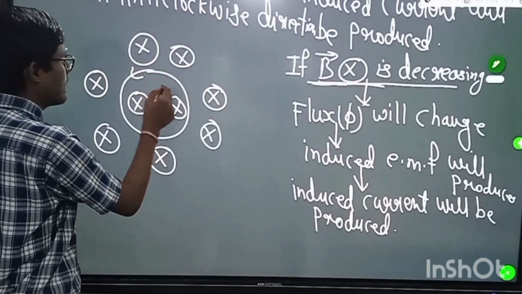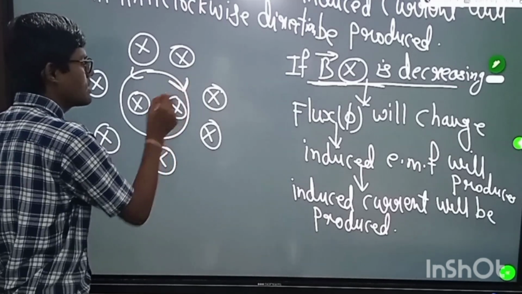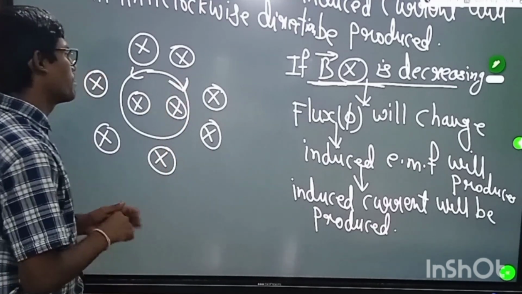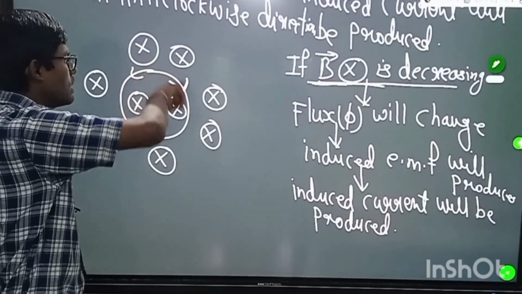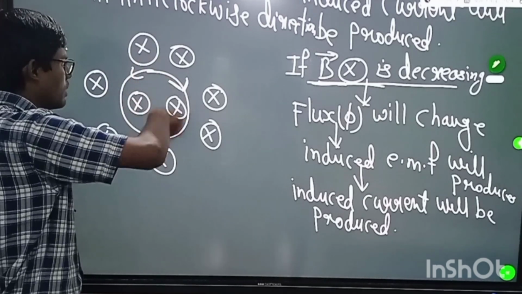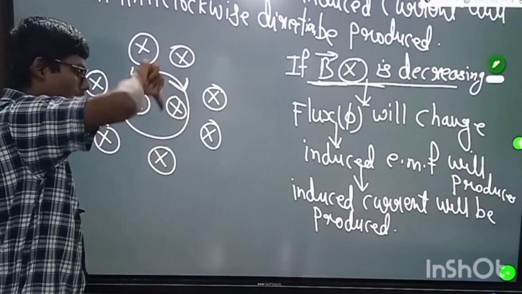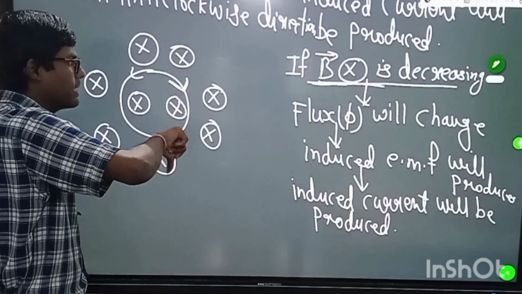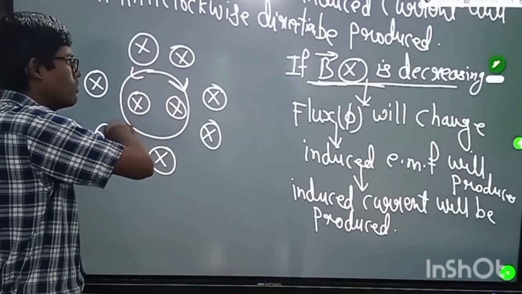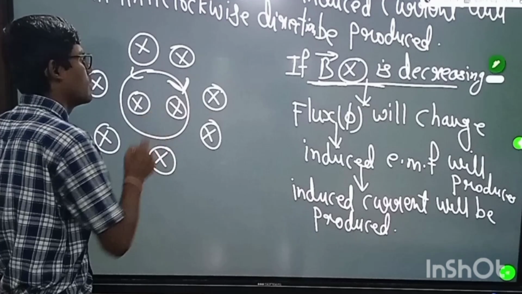See, now if the induced current flows in this direction, then what will happen? The magnetic field due to this induced current will be inward. The magnetic field produced due to the induced current will be inward if the current flows in the clockwise direction.